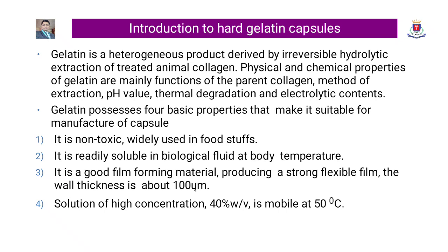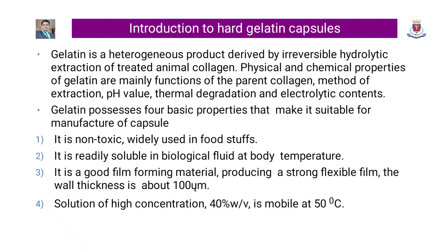Gelatin possesses 4 basic properties that make it suitable for manufacture of capsule. Number 1 is it is non-toxic, widely used in foodstuffs. Number 2, it is readily soluble in biological fluid at body temperature. Number 3, it is a good film forming material producing a strong flexible film.